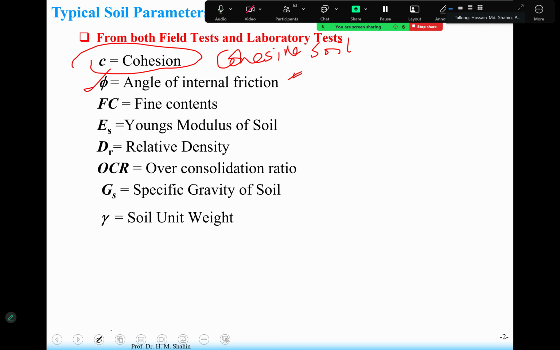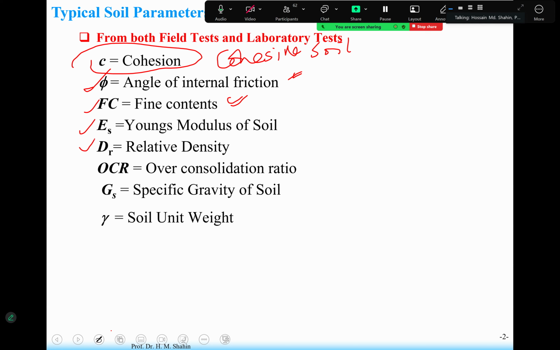Then fine content. What is the fine content? That is, with the 200 sieve, more than 50% passing is clay type soil, and if retained, then it is sand type soil. We need the fine content. We need Young's modulus of the soil to calculate the displacement, the settlement. Then we have relative density.